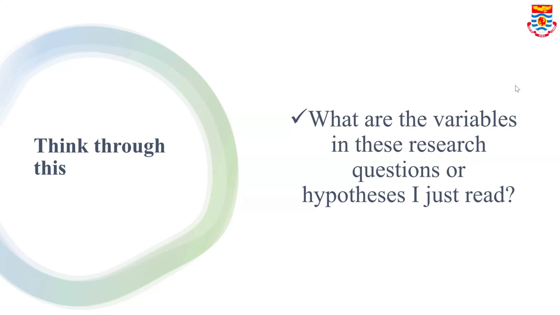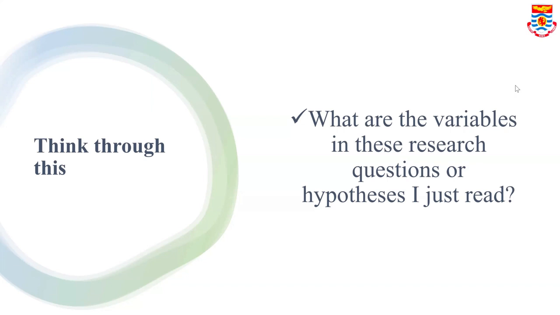There are instances where you read the title of the thesis, the title of the published article, the title of the conference paper. You will see the variables, and you should be able to see them there. It's the same variables we use to craft the research questions or the hypothesis.